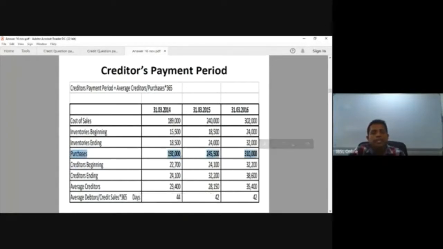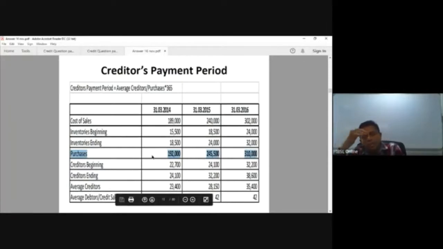Then you have purchases figures. Then you need average creditors. Since this is a formula where we use one figure from the income statement and one figure from the balance sheet, the average figure should be taken from the balance sheet. For the beginning creditors for 2014, you have to go to note number 1.